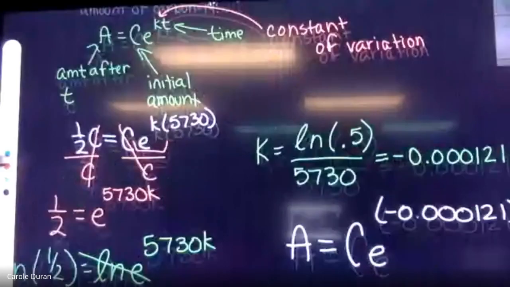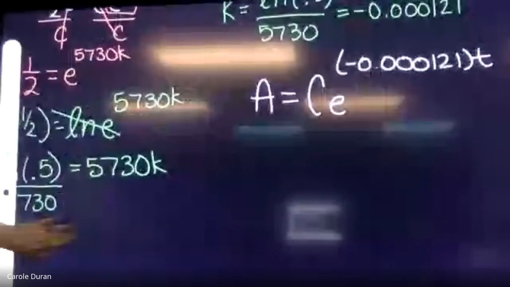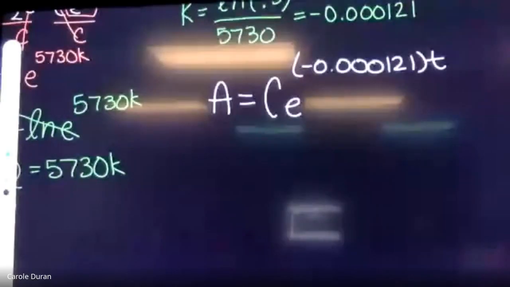So we're going to solve it the exact same way, except this time we're going to be solving for T, because I need to know how old it is. So if I'm starting with C amount of carbon-14 in the body, what is 30% of that? 0.3 times C, yes.